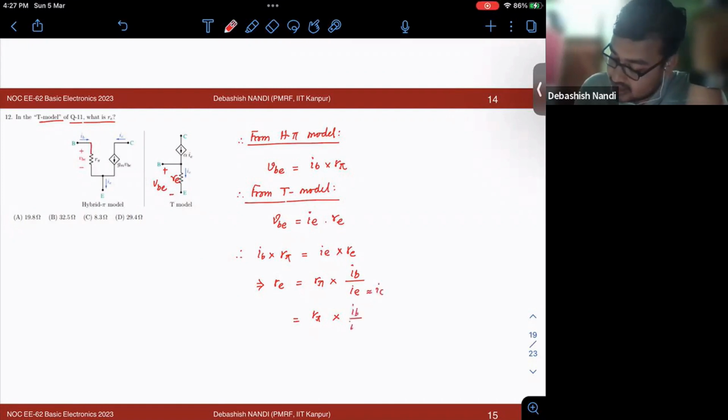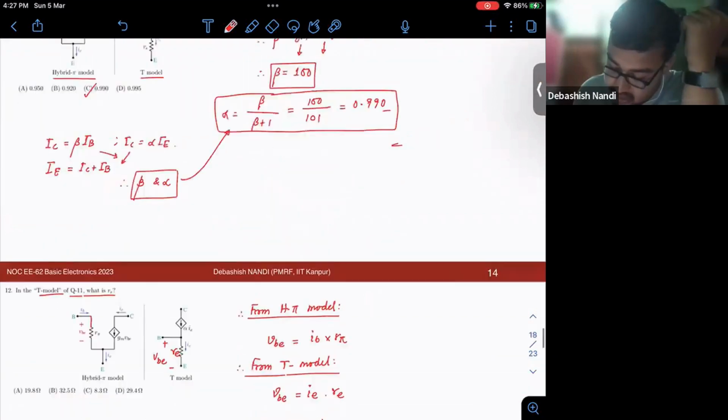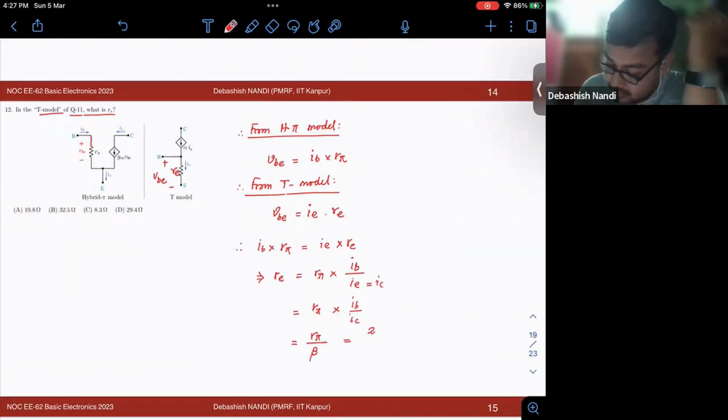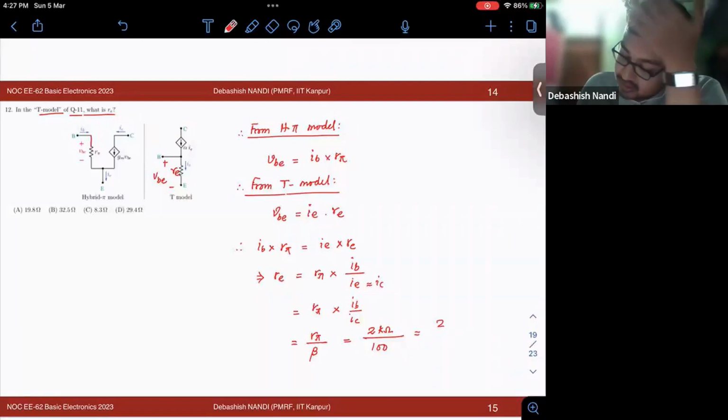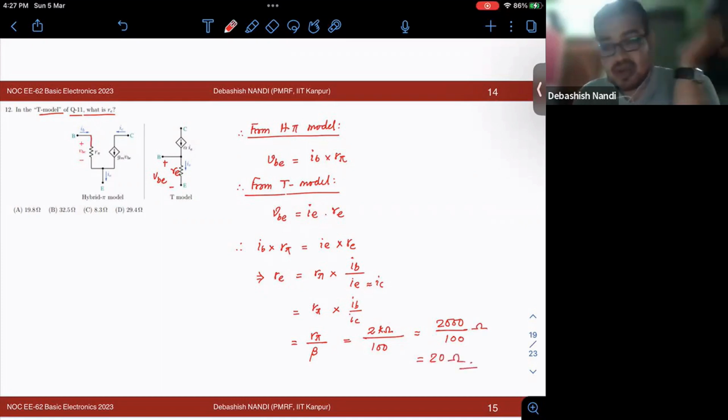That means IB by IC. That means R pi by beta. Your R pi was 2 kilo ohm and your beta was 100. So it would be 2000 by 100 ohms, it is 20, right? 20 ohms approximately. You can find it quickly, or if you simply substitute IE as IC plus IB, then you can get it exactly 19.8. Okay.